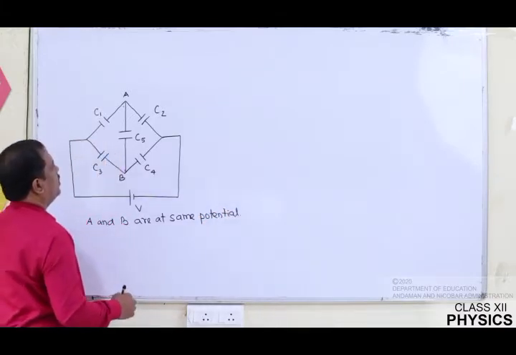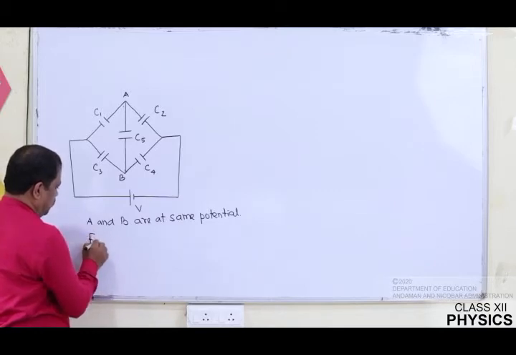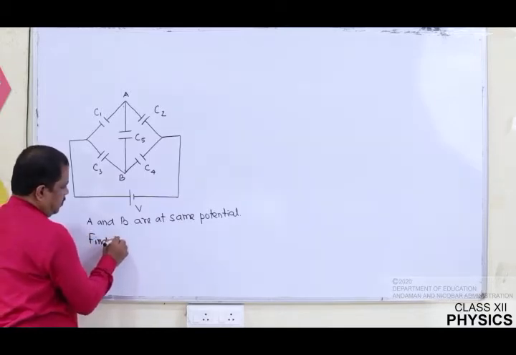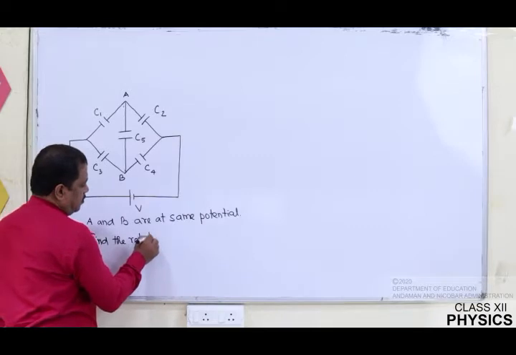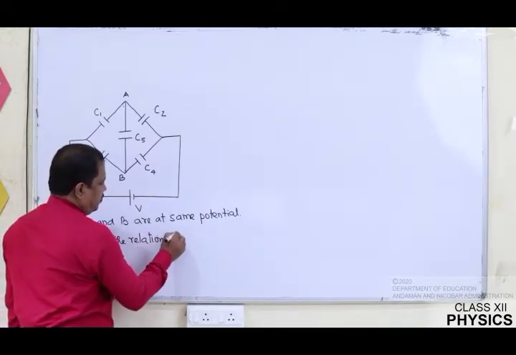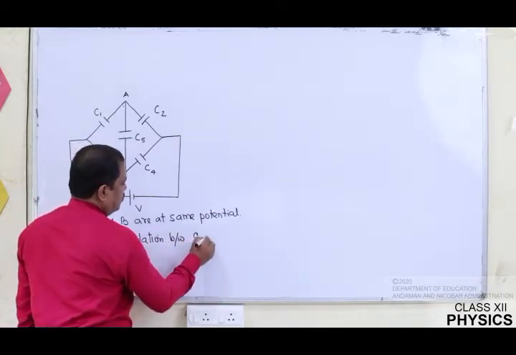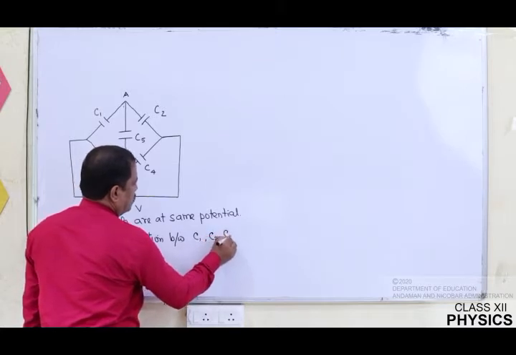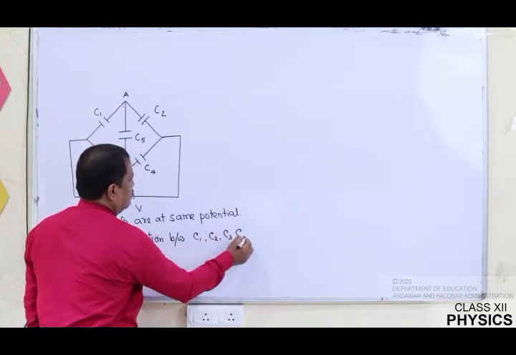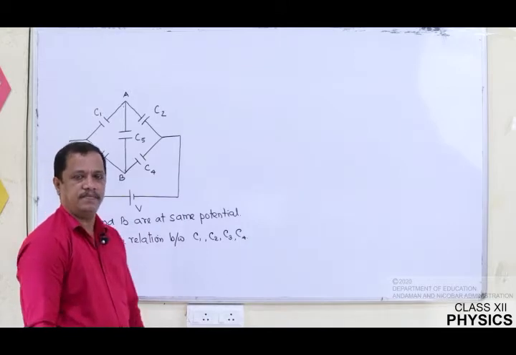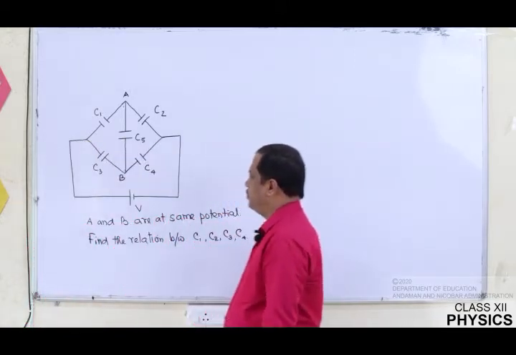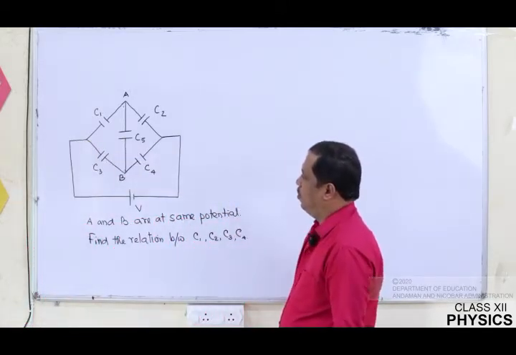Now I have to find the relation between C1, C2, C3 and C4. This is our question. Now in that case, how shall we go?